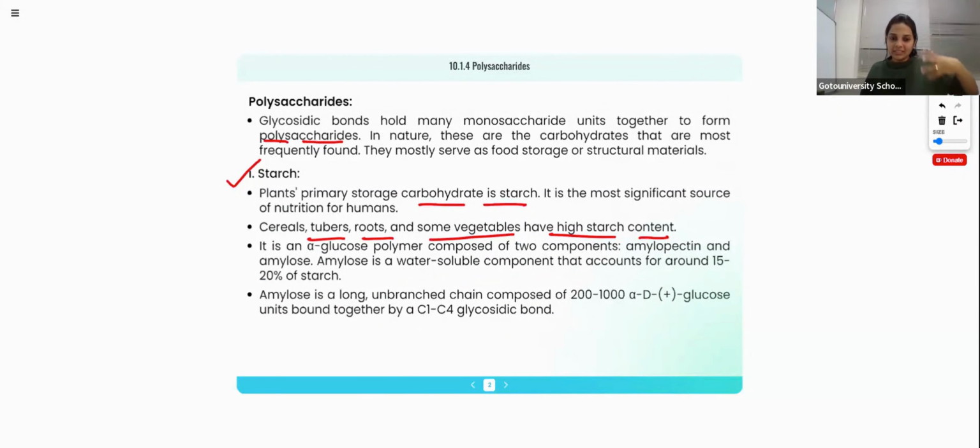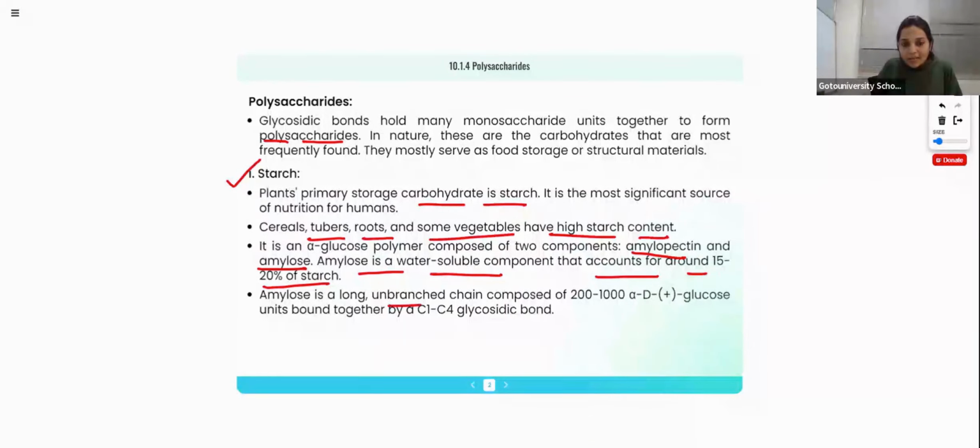These root vegetables, the majority of them, contain starch. Starch is an alpha glucose polymer composed of two components, amylopectin and amylose. Amylose is the water soluble component that accounts for around 15-20% of starch. Then one more is there, amylopectin.